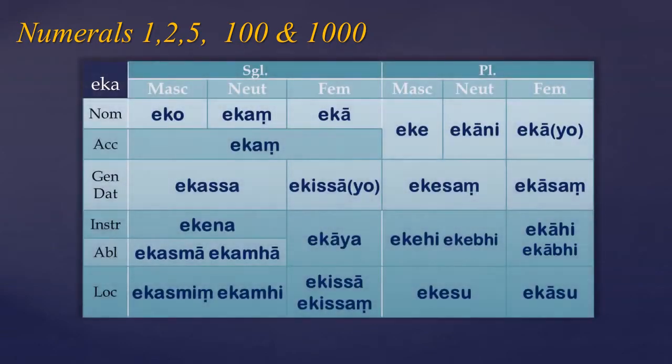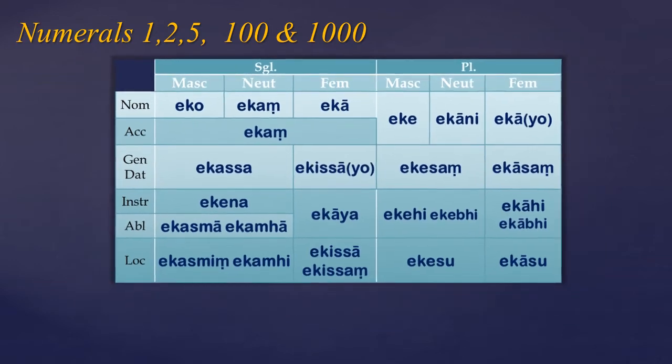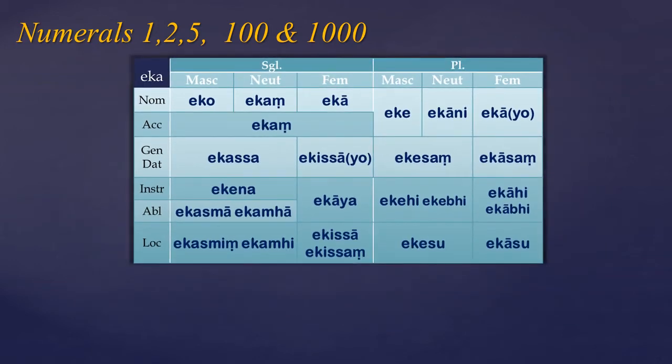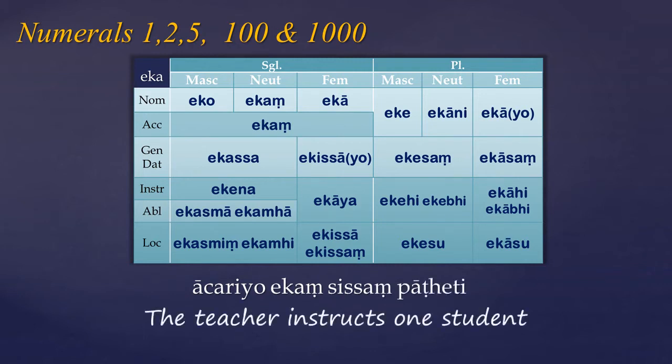So if we begin with the number 1, eka, we can see that it has a similar pattern of declension to the pronoun. Eka then, when used as an integer, behaves like an adjective, agreeing in case, gender and number with the noun that it qualifies.